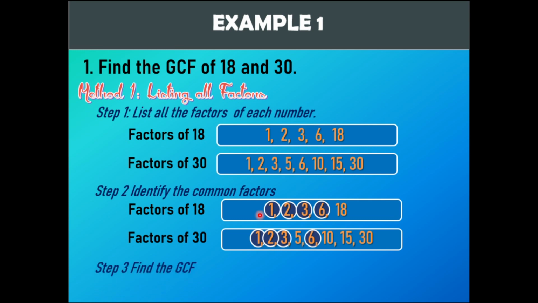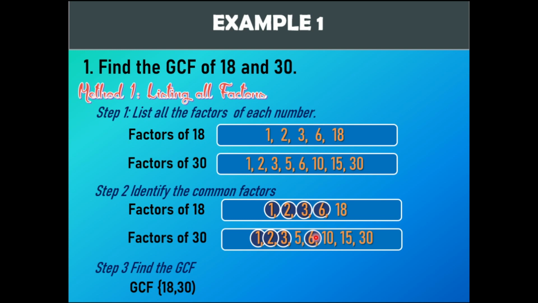Step 3. Find the GCF, or the greatest common factor. As we defined earlier, the greatest common factor is the greatest of the common factors of 18 and 30. By looking at the common factors, we have 6 as the greatest common factor.